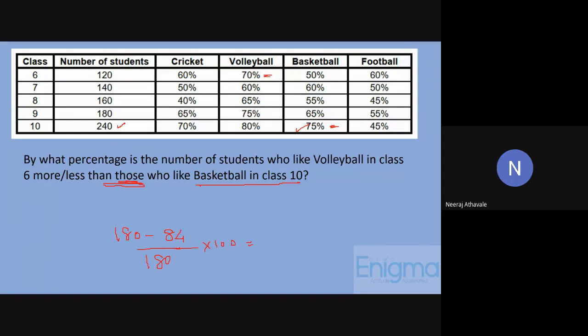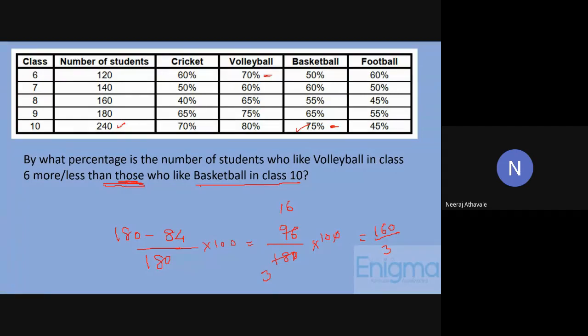Find this subtraction. The denominator is 180 into 100, and the 0 gets cancelled out. So I guess this is 96. So 96 upon 180. Now you can simplify this further: 6 threes are 18, and this is 16. So 160 by 3. Perfect.